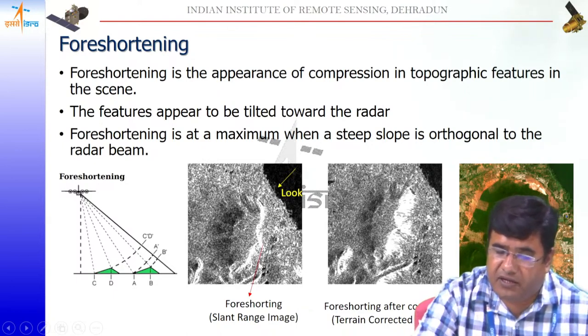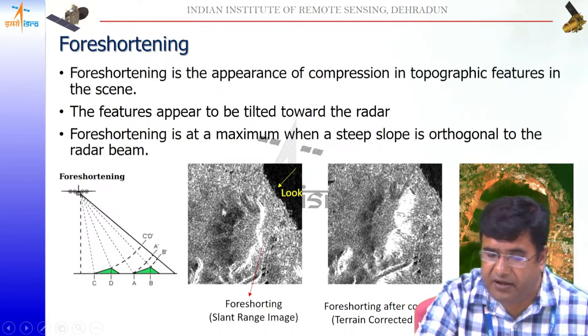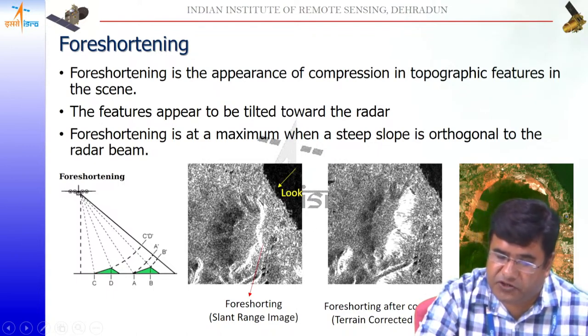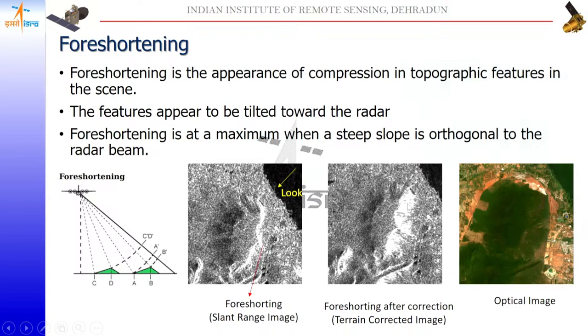In the slant range image, foreshortening will appear like this. Once we do the ortho rectification, which I will tell you about later, it will be corrected like this. So if you have the slant range product, foreshortening will be seen this way, but if you have the terrain corrected image, it will look like this, because it is spread out and we are correcting the position. So when analyzing any image, we have to see whether it is slant range or terrain corrected.